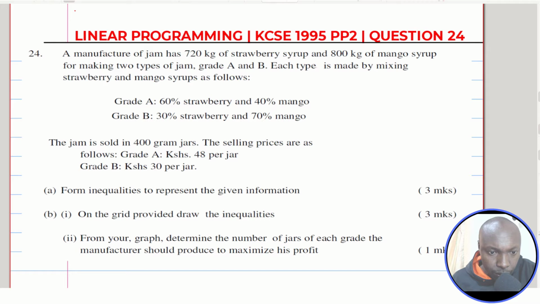So that is the question. Let's go to the first part, where you're supposed to form the inequalities to represent the given information. It is important to highlight the important information.